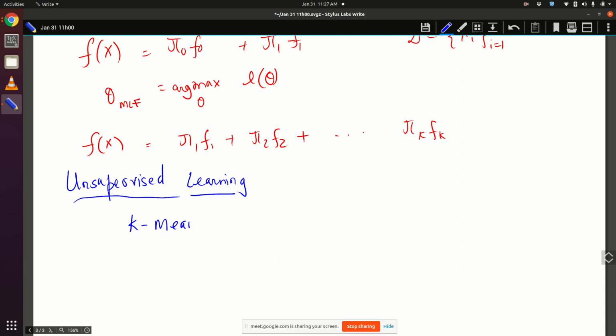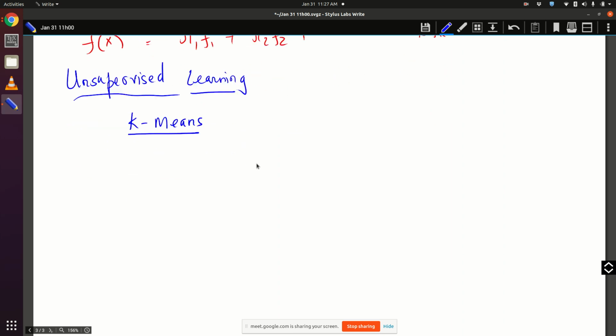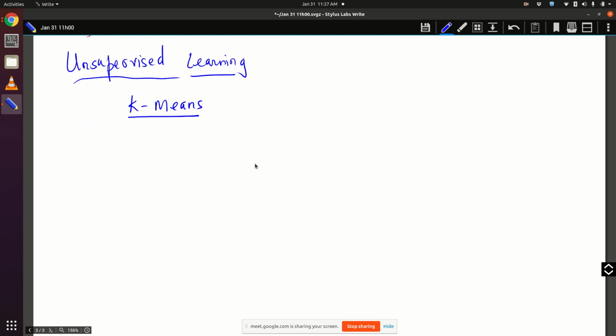This is where we will start from, and thereafter we will come up with the maximum likelihood estimator and how to solve it for a general Gaussian mixture model. Is the plan clear? Yes, sir. Okay, so now let's try to understand what is called k-means.